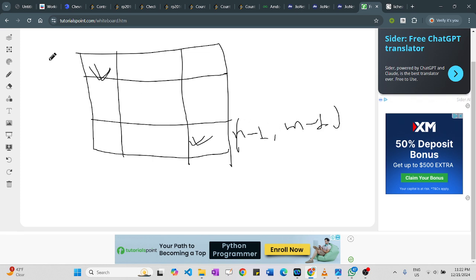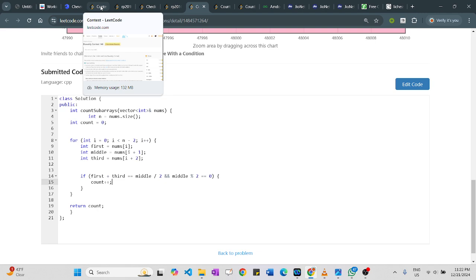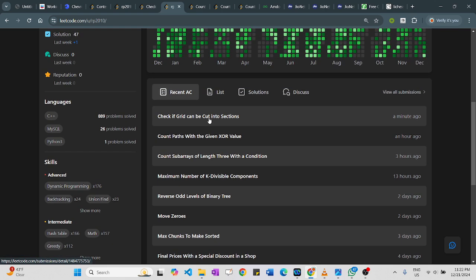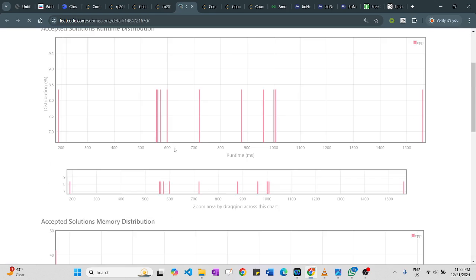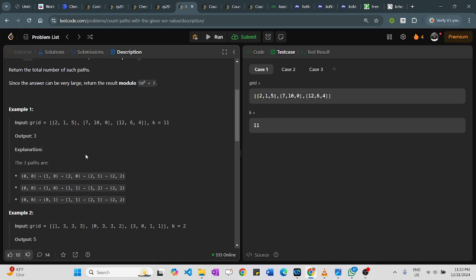At this point we'll have to start your traversal from 0 comma 0. So you'll have to tell how many paths are there. Okay, so this is the grid, with the values given here.